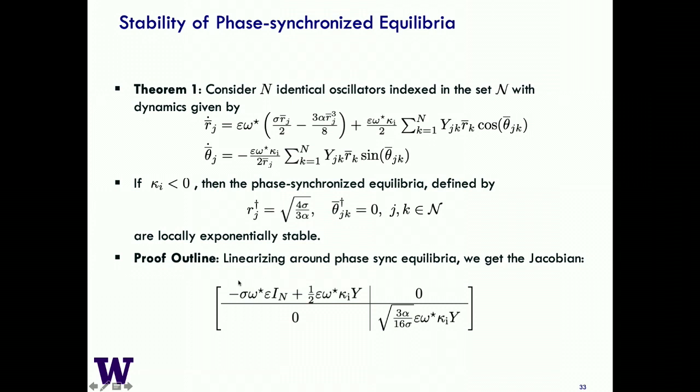Then we linearize around that point and end up with what's called a Jacobian, and if you study that matrix, it tells you whether the system is stable at that exact point. It turns out that operating point is stable and things tend to converge to it. This is a way of mathematically establishing that with this negative sign on the feedback, the synchronized condition is attractive, at least close by to it.